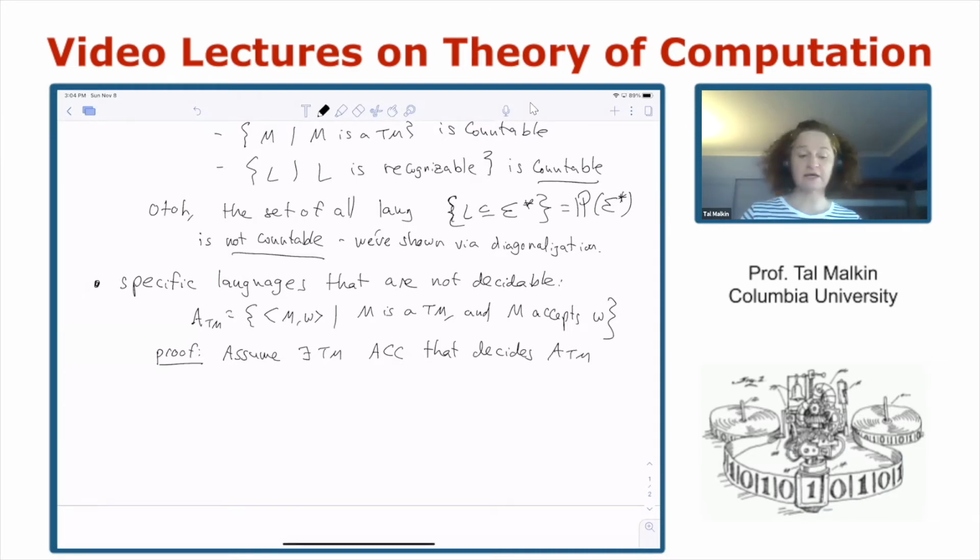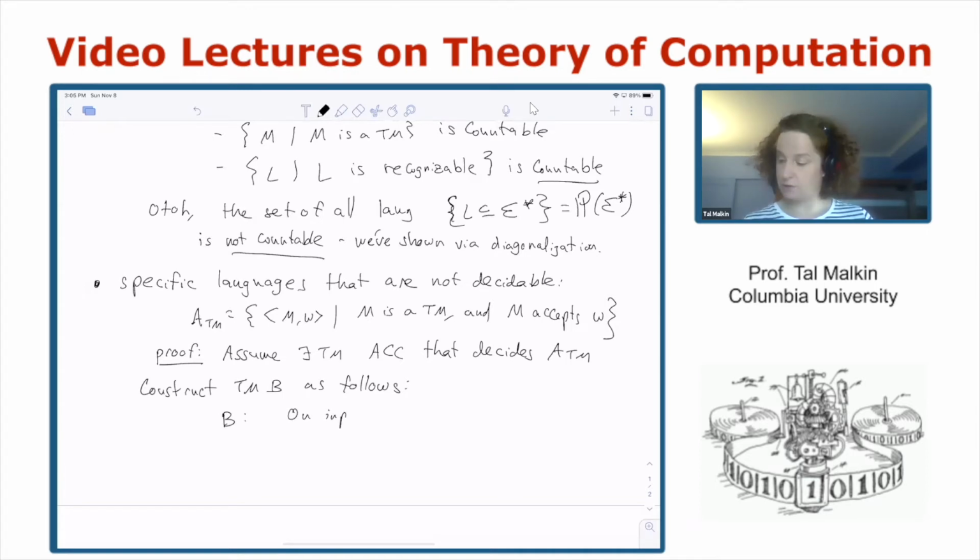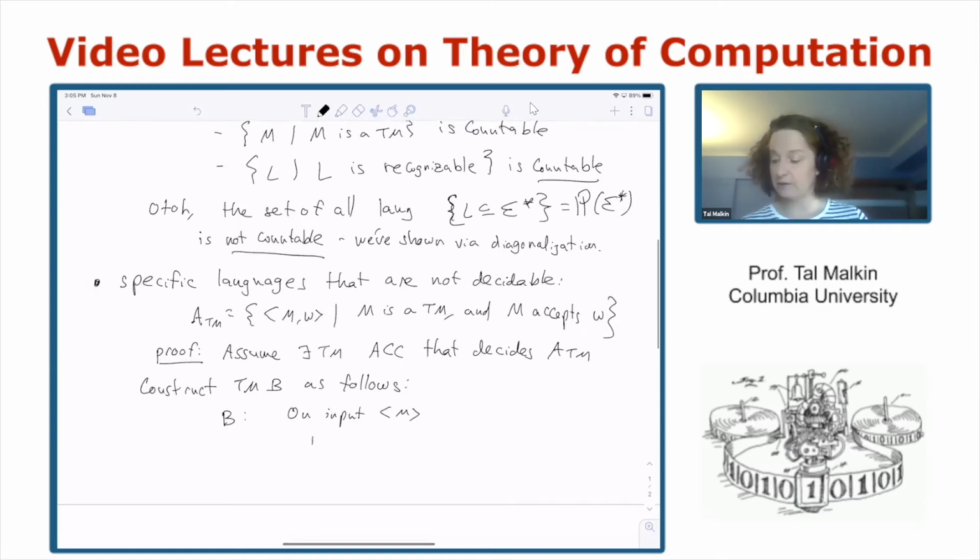Well, if I had such an algorithm, I can construct another algorithm, B, as follows. On input M, a description of an algorithm, it runs the supposed decider on M and itself, and then I flip the answer.